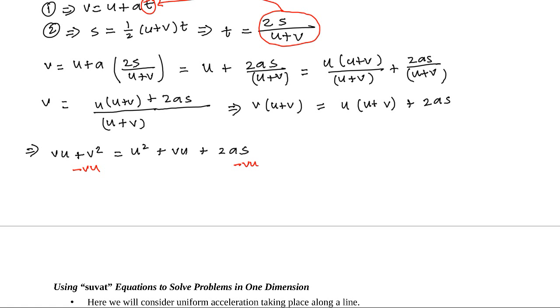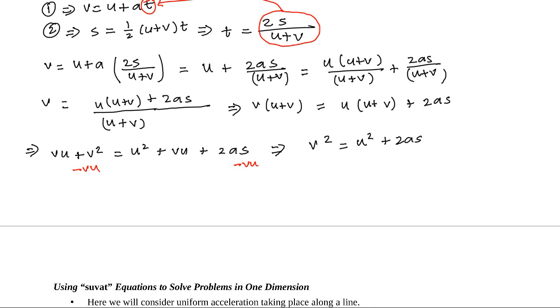What I get when I subtract vu from both sides is v squared is equal to u squared plus 2as. So this v squared is equal to u squared plus 2as is exactly what we wanted.